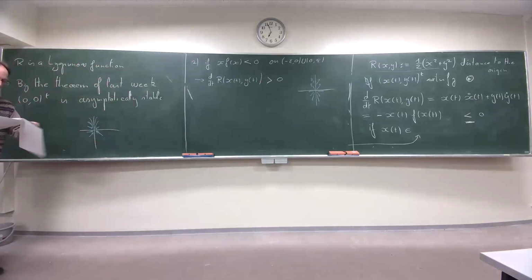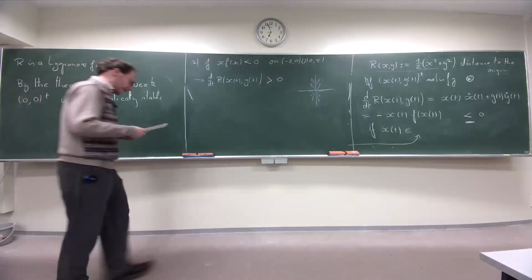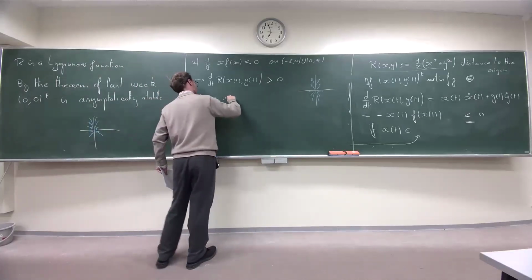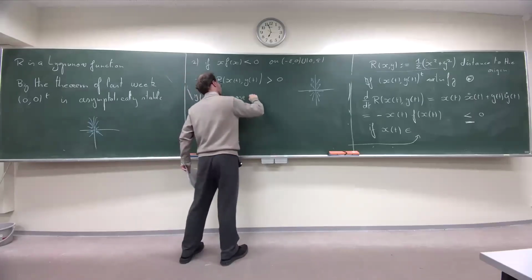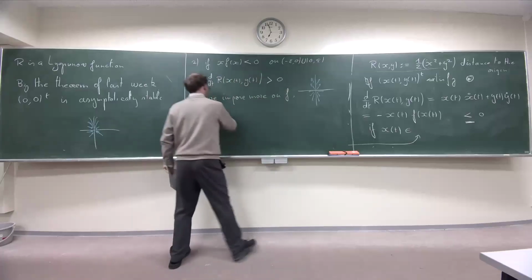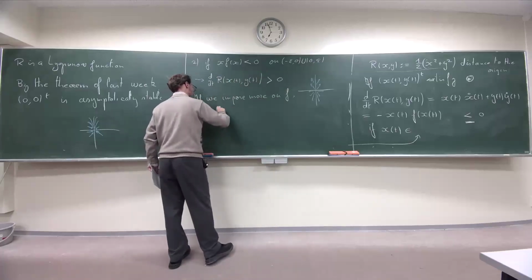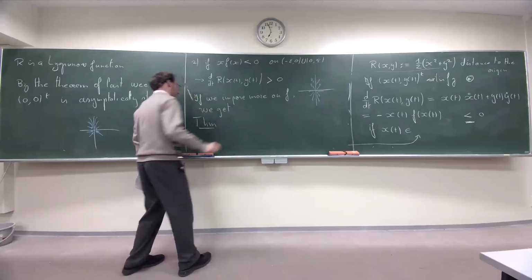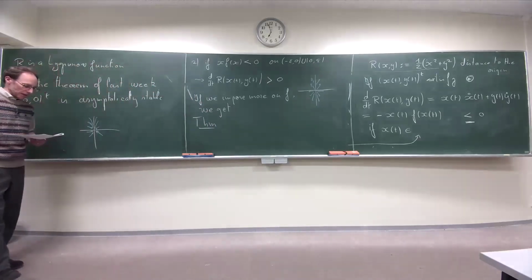And this is, if you impose more on f, you get a nice picture. So I'll just write, if we impose more on f, we get the following theorem. So it's a very precise asymptotic behavior for this system.